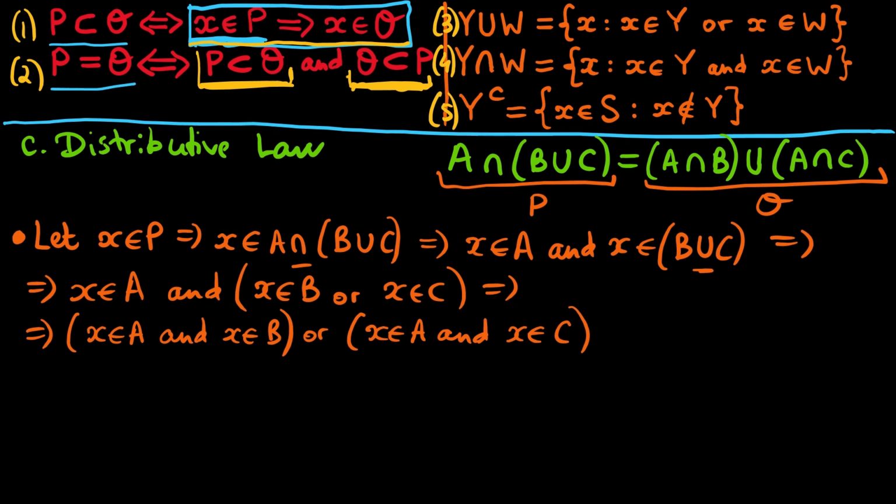The statement above said that X is definitely an element of A, and in addition, it's an element of either B or C. And that's what we've written here: the case in which X is an element of A and B, and the case that X is an element of A and C, connected by an OR.